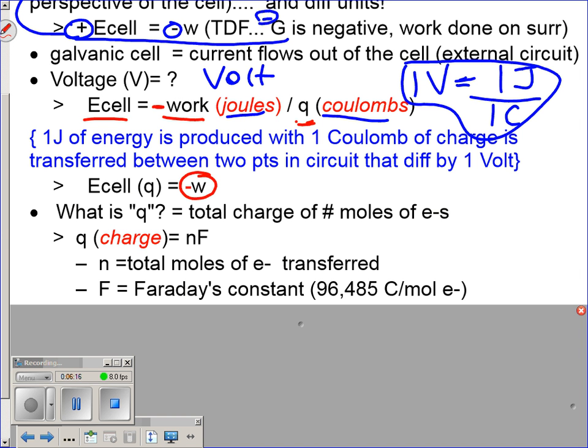I'll get to that in a second. Now, Q, which I told you was charge, where is the charge coming from? Where's the current coming from again? Electrons, and now we actually do depend on the number of electrons that are being transferred. So Q, which is the charge that the electrons are delivering, is based on two variables. How many moles of electrons are you delivering, which we'll label as n.